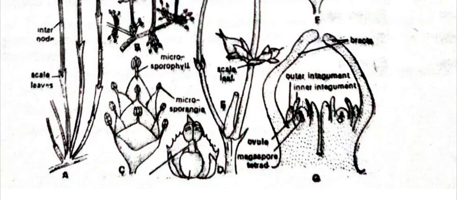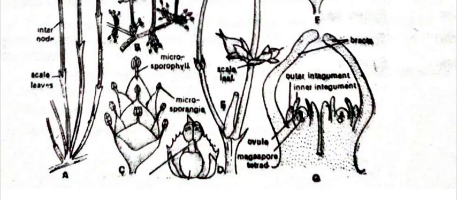In these ovules, when megasporogenesis occurs, a hypodermal cell, which is known as the archisporial cell, divides to produce the parietal cell and the megaspore mother cell.